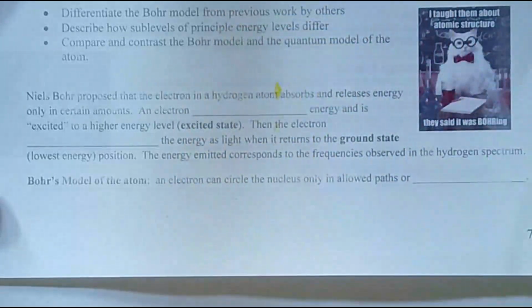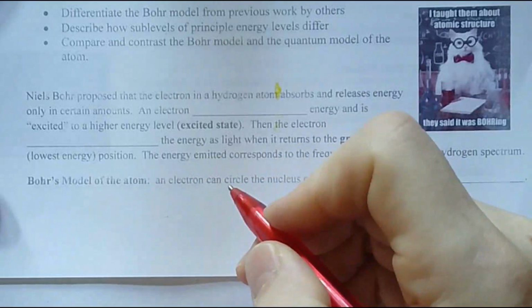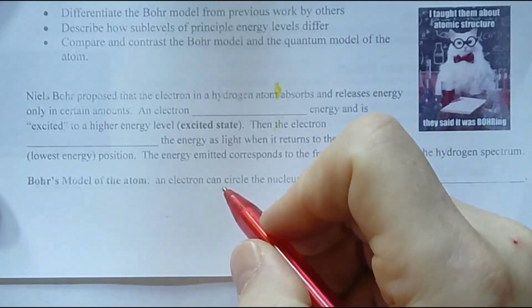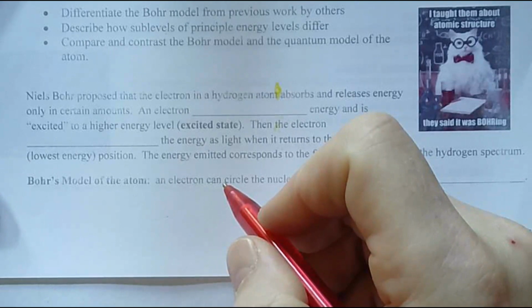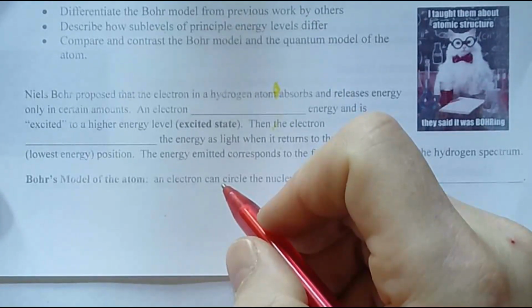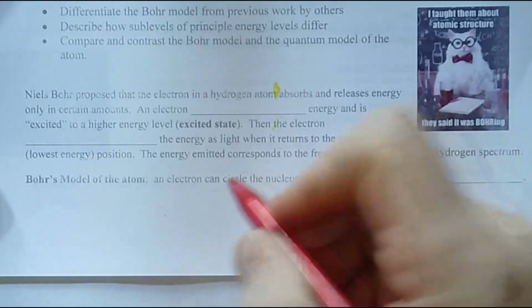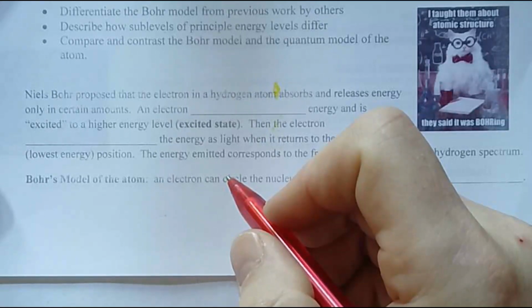Take an example we may have talked about in class: if you go to a blacksmith and notice that he heats up, let's say, something iron in a forge, and then he takes it out and it's glowing. The atomic model had no explanation for that.